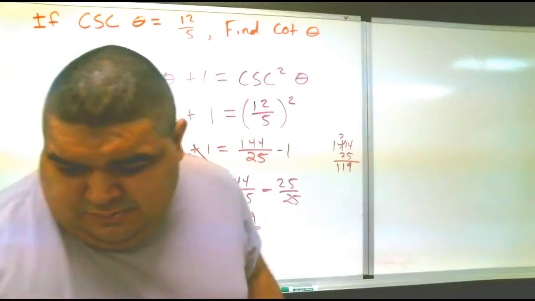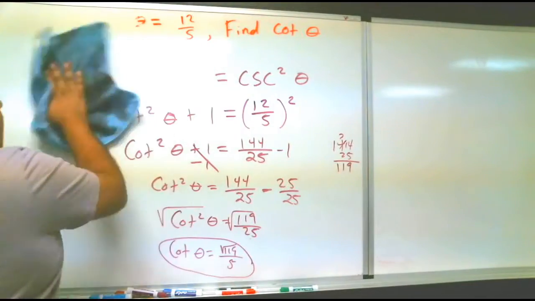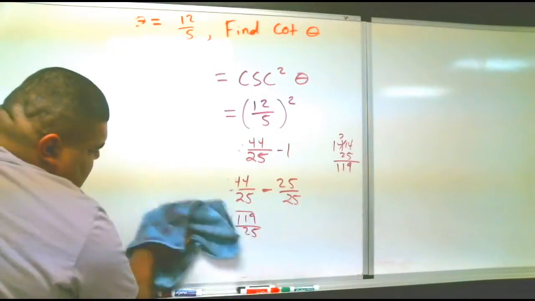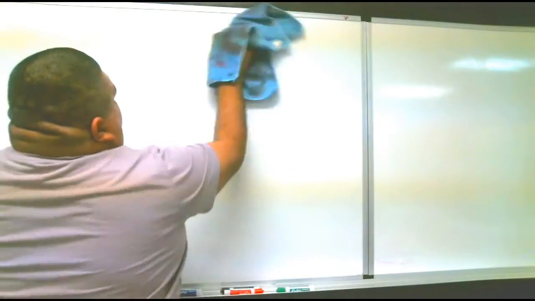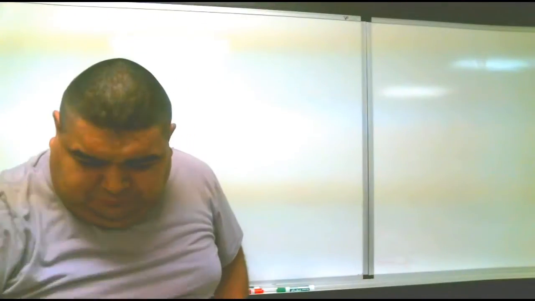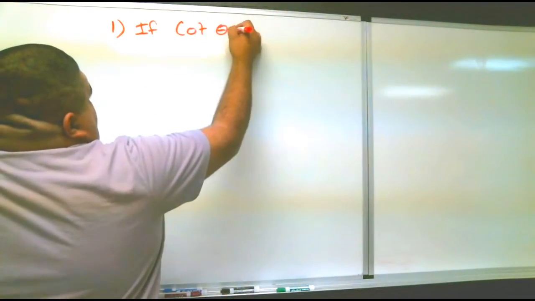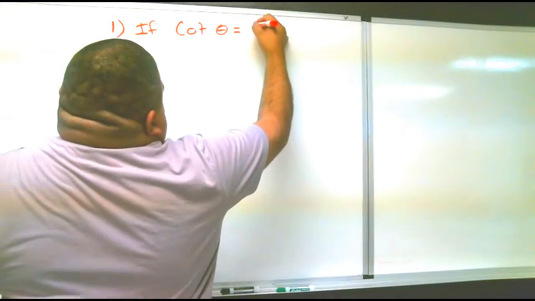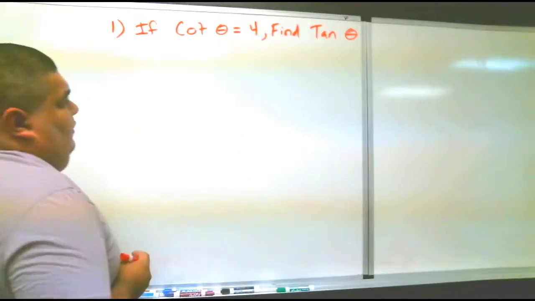The ones you have to convert are: number 1, if cotangent theta equals 4, find tangent theta.